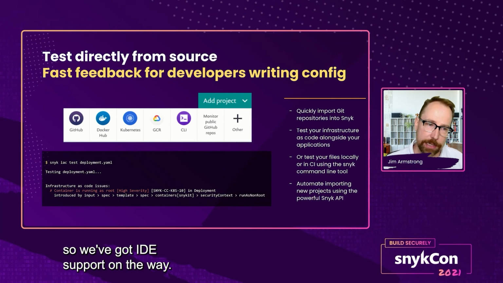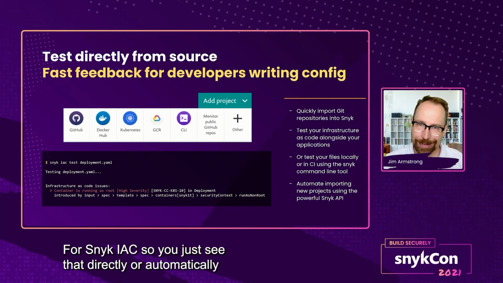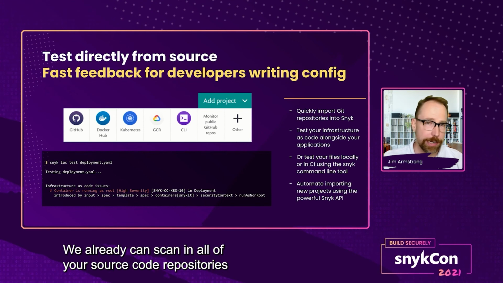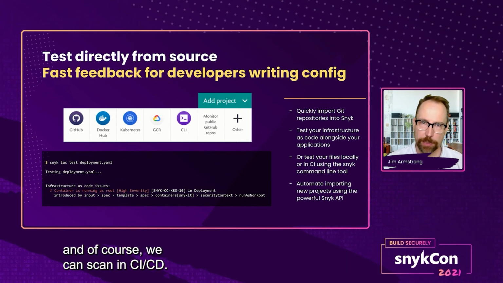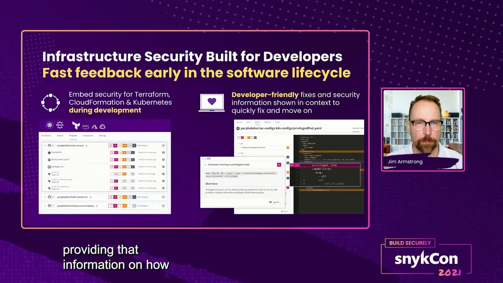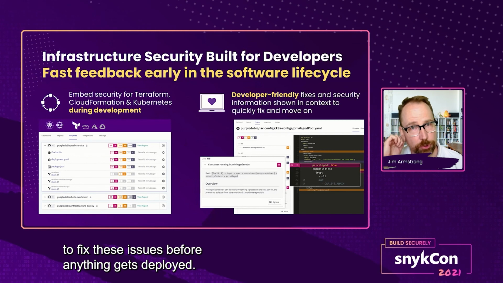So we've got IDE support on the way for Snyk IaC, so you just see that directly and automatically within your IDEs as a developer. We already can scan in all of your source code repositories, and of course, we can scan in CI/CD. So again, the idea here really is providing that information on how to fix these issues before anything gets deployed.